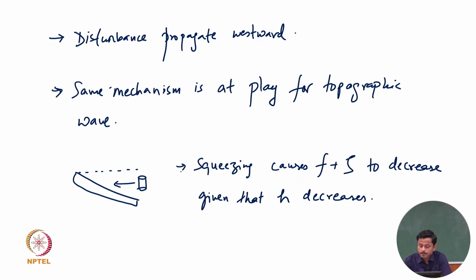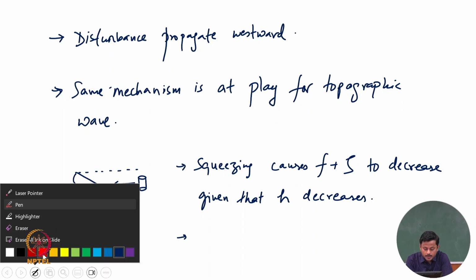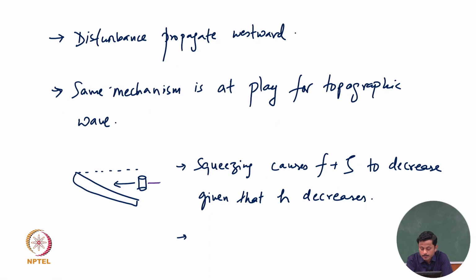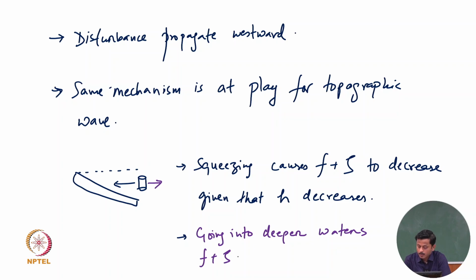Similarly, if there is a fluid parcel going in the other direction, into deeper waters, F plus zeta by H has to be constant, so H now increases.